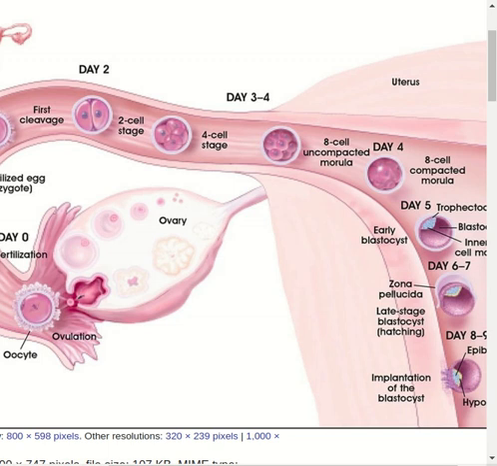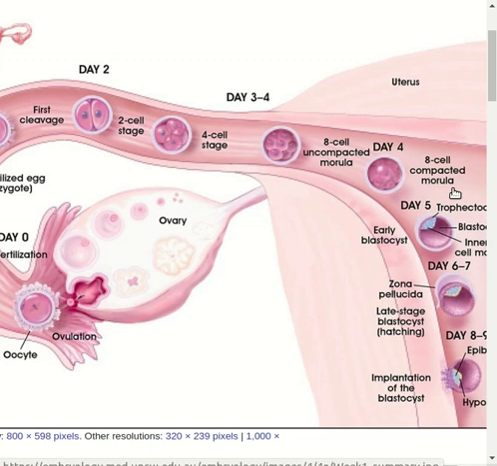Compaction occurs when the cells change shape and align themselves with one another. This process is called compaction again. This 8-cell stage uncompacted morula turns into an 8-cell stage compacted morula.